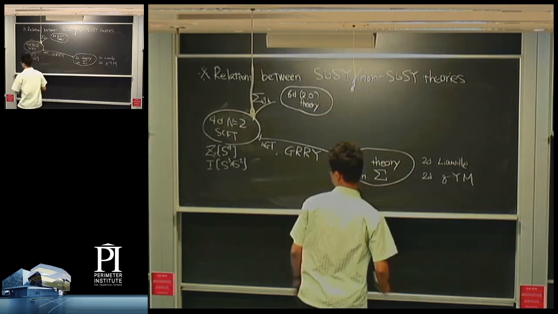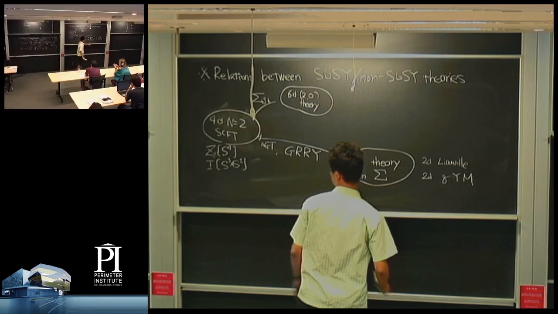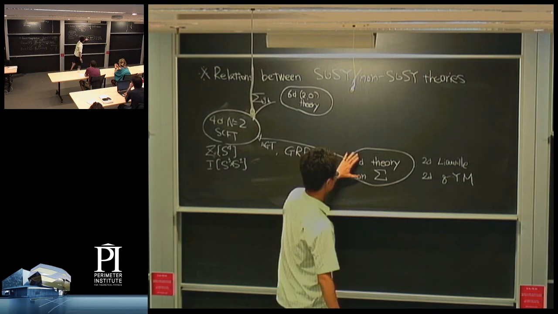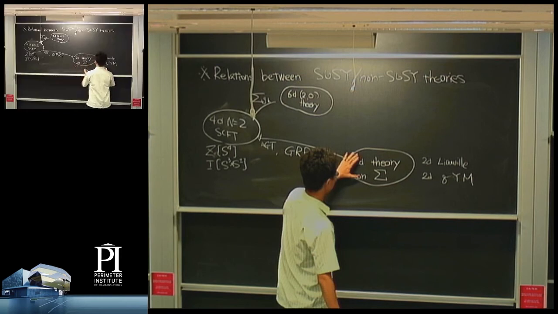Even for this case, not everything has been understood, because there are a lot of chemical potentials here, and there are no corresponding parameters on the other side so far, so people are trying to identify the parameters on this side. But anyway, depending on the quantity, you can consider different theories here. And it's quite mysterious why we have such specific 2D theories.